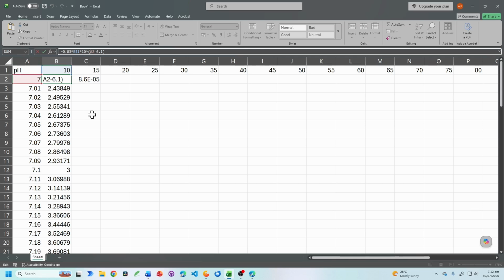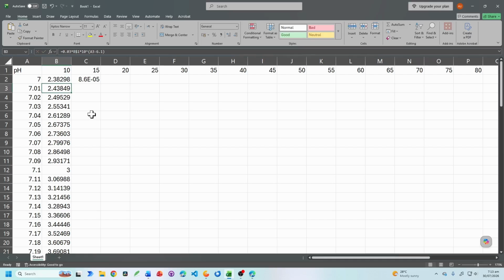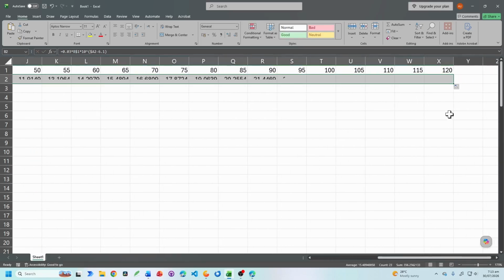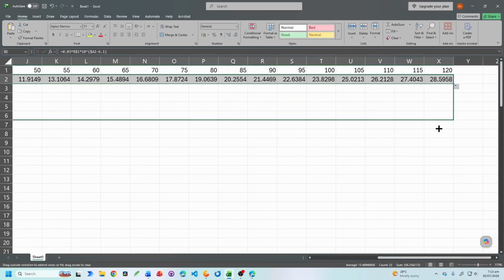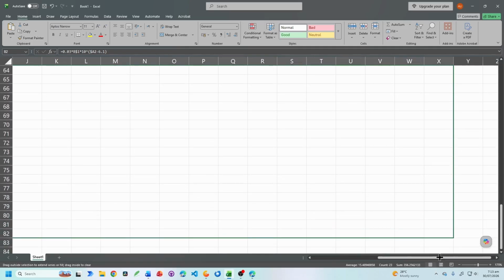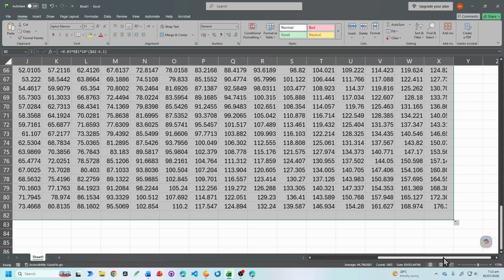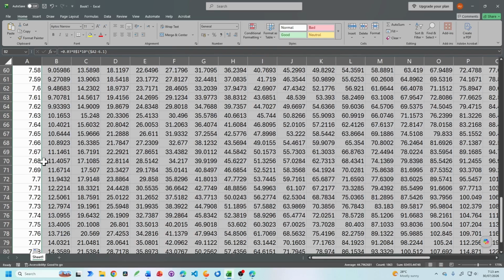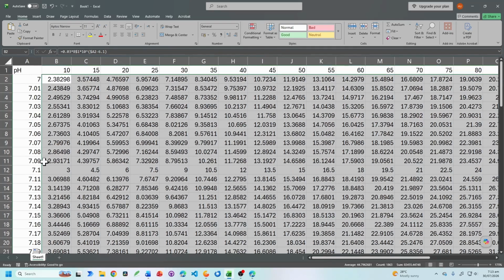To do this, I will simply add a dollar sign before A. Again, I did not intend to teach you Microsoft Excel in this video, but anyhow, I am still doing it. Now I can fill all this space and it should work. And it does. Yeah, it does actually work.